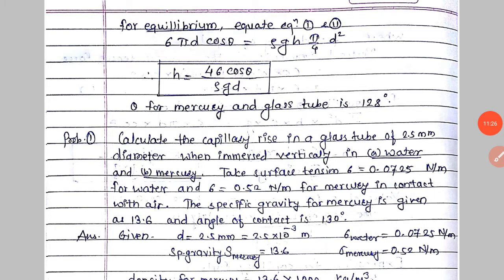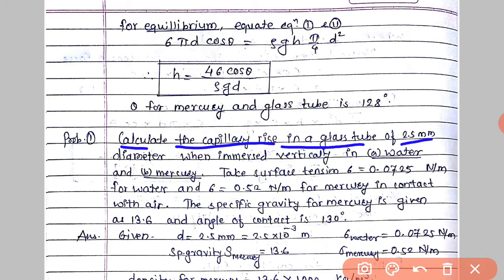Now we are going to see a numerical on capillary rise and capillary fall. See here what is given in the problem. Calculate the capillary rise in a glass tube of 2.5 mm diameter when immersed vertically in water and in mercury.